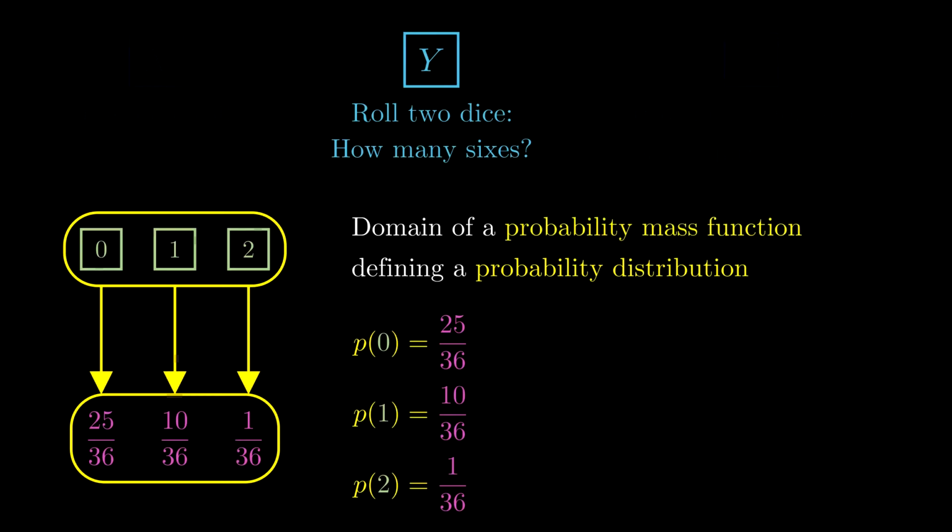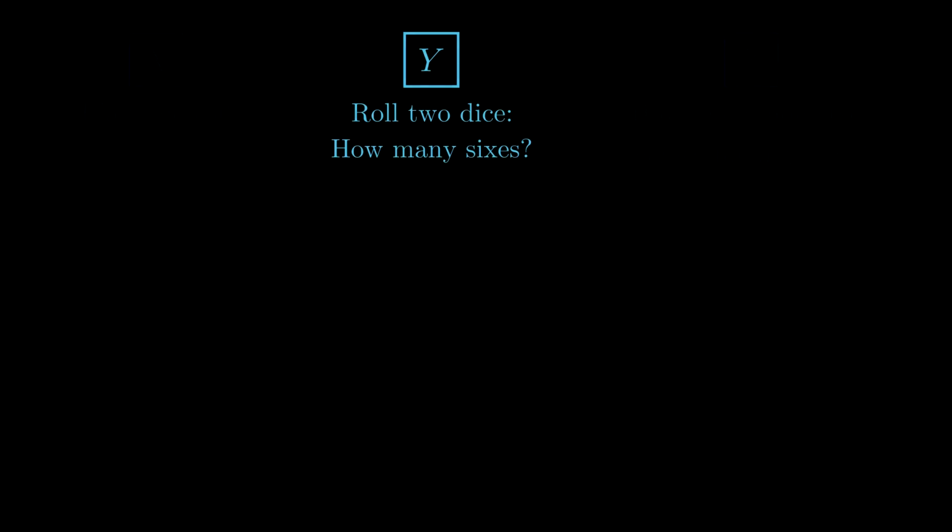We can clearly see that adding up these probabilities gives a total of 36 out of 36, which of course is just 1. That must be true not just in this case, but for any probability distribution and any random variable. It's just the fact that probabilities of every possible outcome must add up to 100% in total, or just the number 1. And so that's what makes it a probability distribution, not some random function.